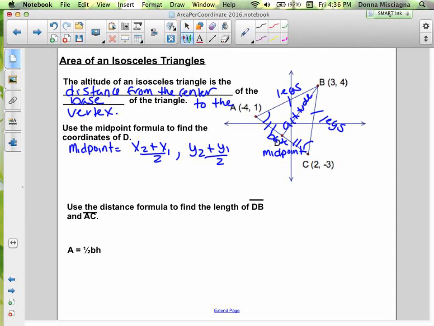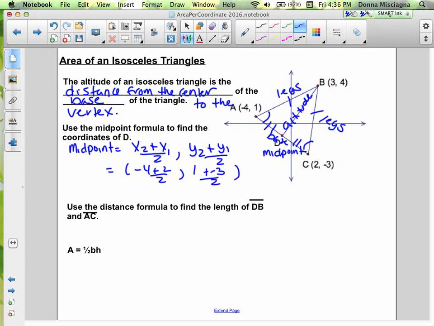All right, so that's going to be negative, our midpoint is negative 4 plus 2 divided by 2, and 1 plus negative 3 divided by 2.